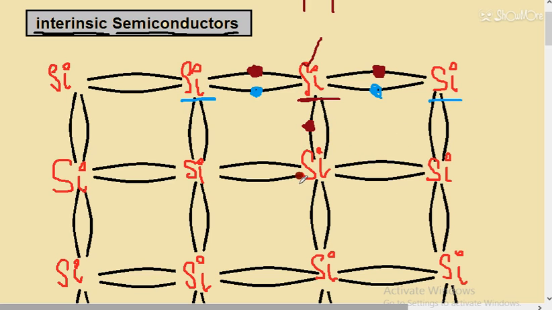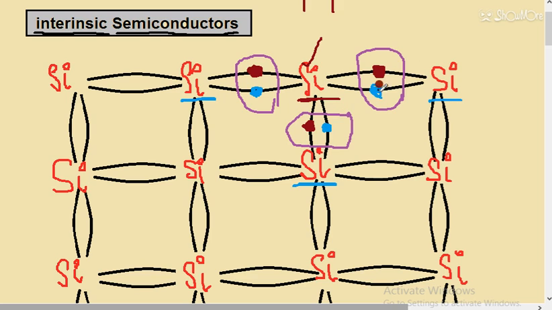Now these two electrons will make a covalent bond. These two will also make a covalent bond, and these two will also make a covalent bond. So no free electron is here. Students, no free electron or hole is there, so no charge carrier is there.